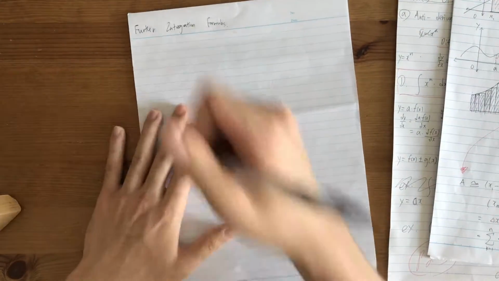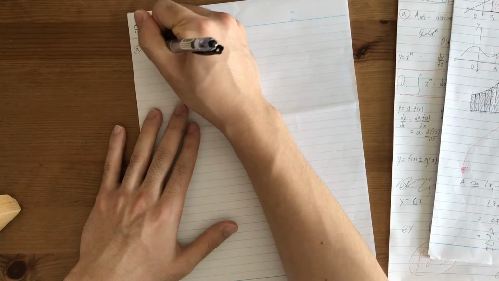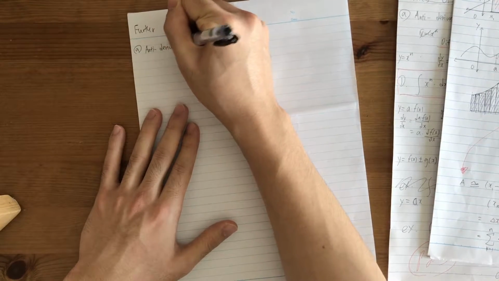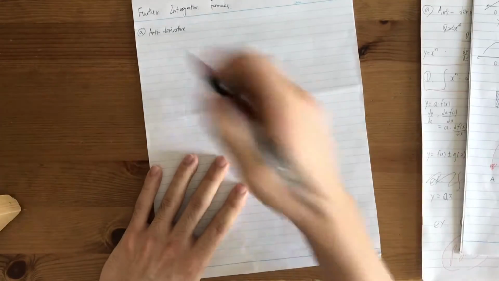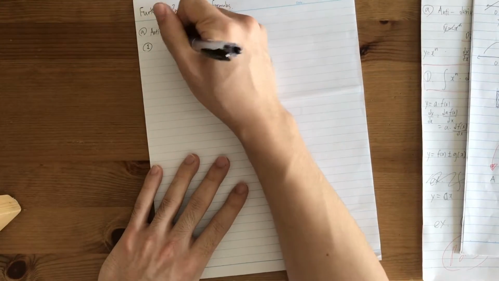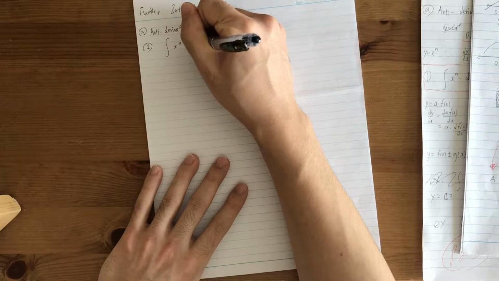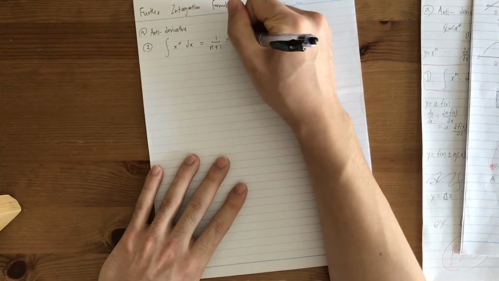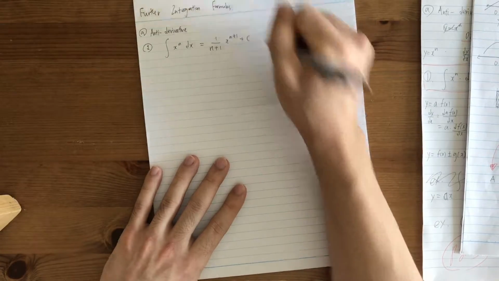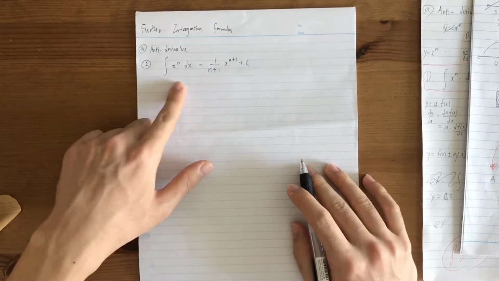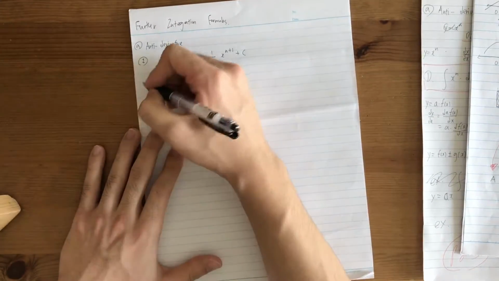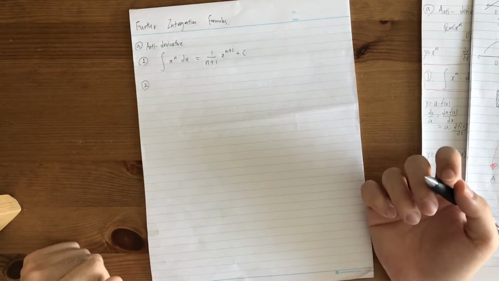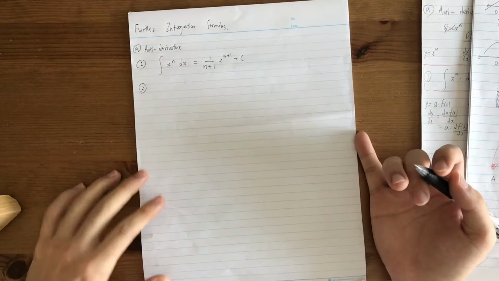We are still going to use the concept of antiderivative. So the very first thing that we learned was this, right? That's the first thing that we learned. Now today we're going to do some other functions like trigonometric functions, exponential, and logarithm.